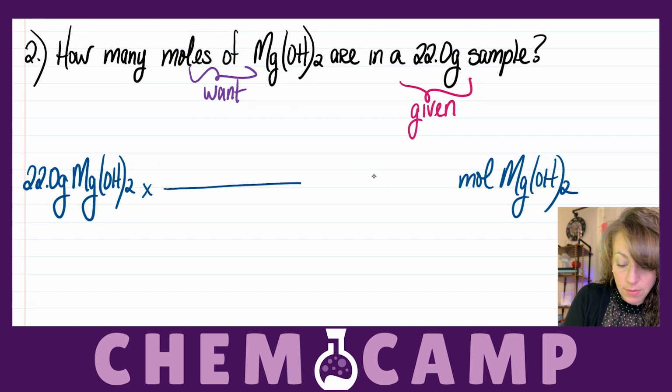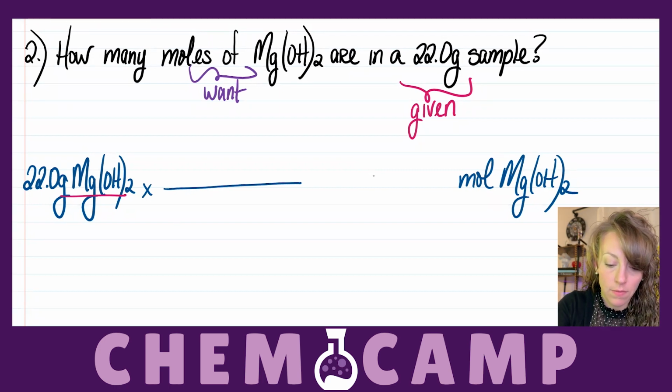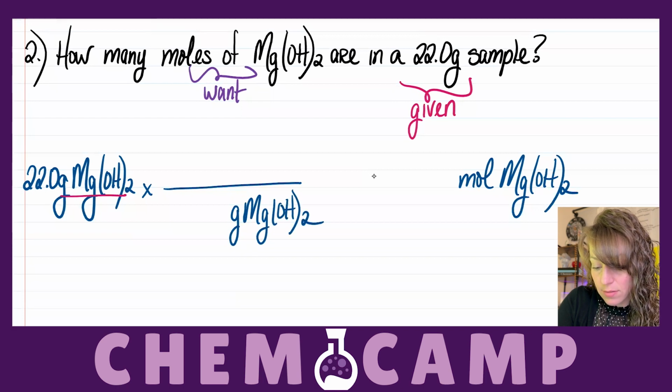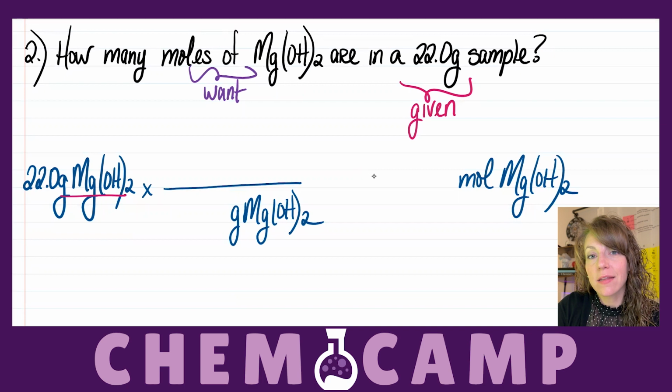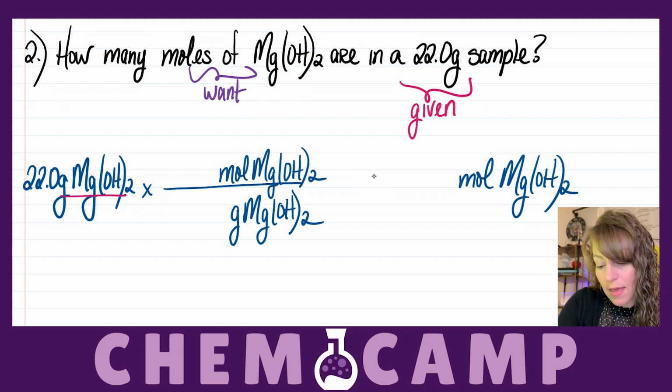Once again, set up our ratio. This time we have grams of Mg(OH)2 that we want to get rid of, so we're going to write that on the bottom of our ratio. And again, since molar mass compares grams of a substance to moles of a substance, we can put mole of Mg(OH)2 at the top of that ratio.